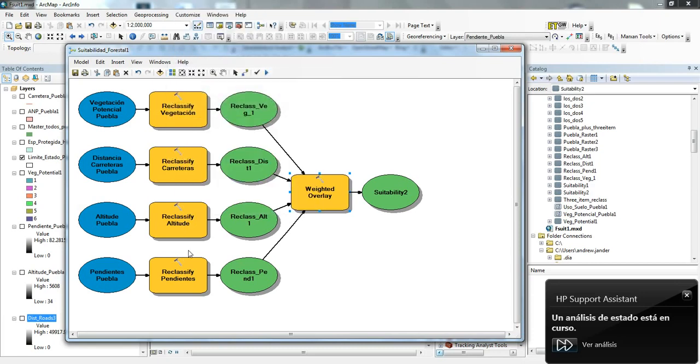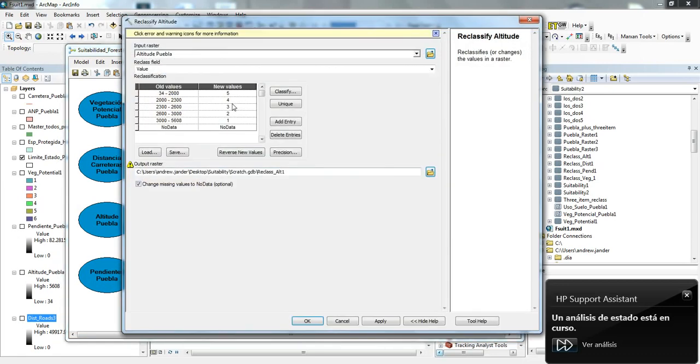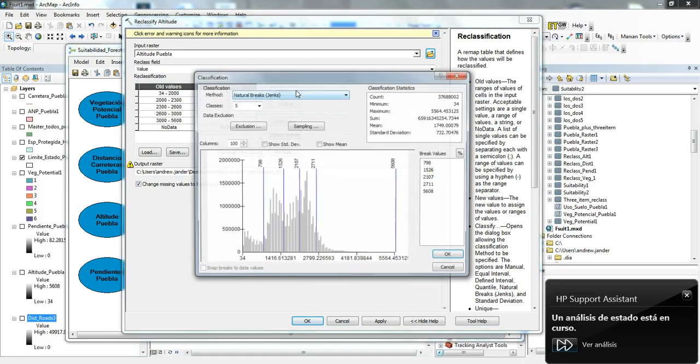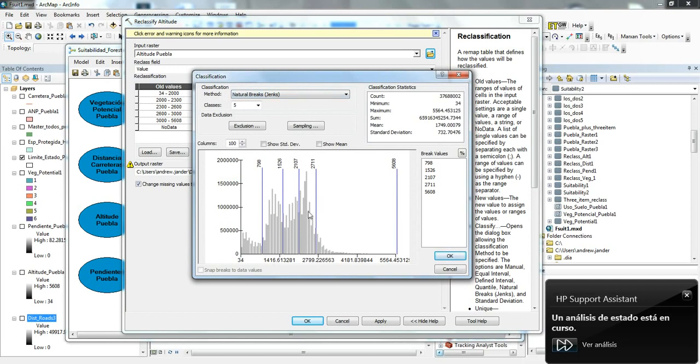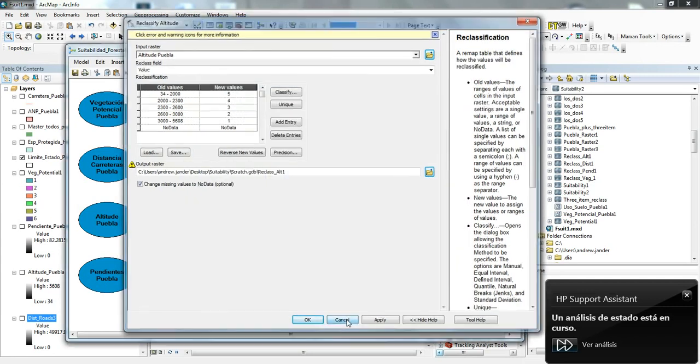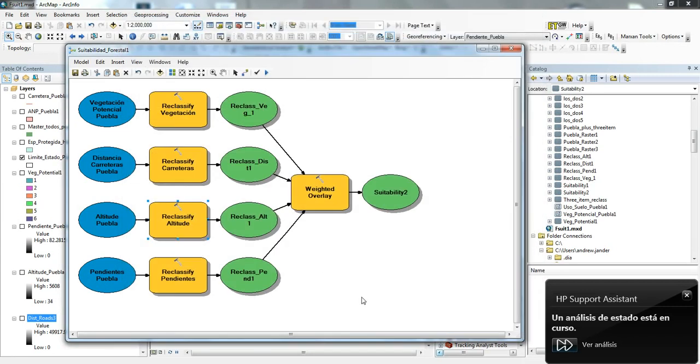Say a different altitude was considered more highly valuable, and we could go in here and change the values using this classify tool. And if we found out through a certain study that one area of elevation was more favorable than another, we could use that data, and then we could basically change accordingly to make the model track those types of values more closely.